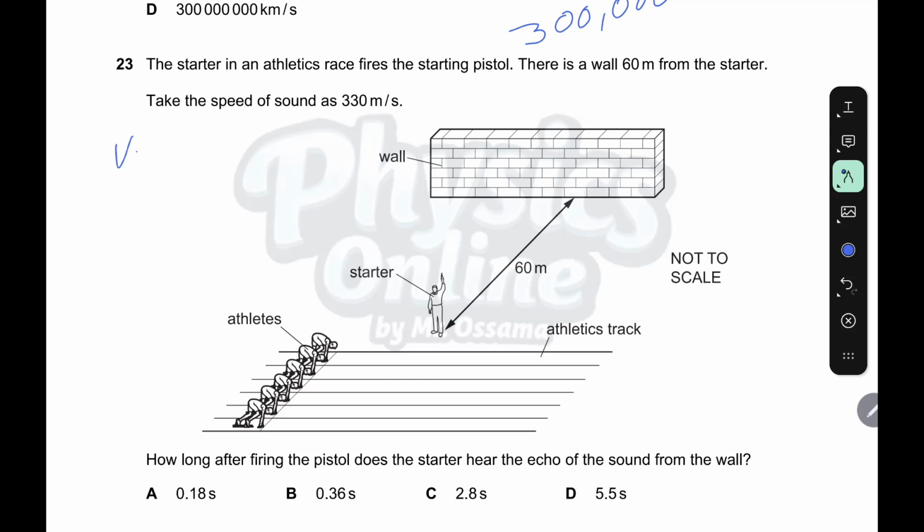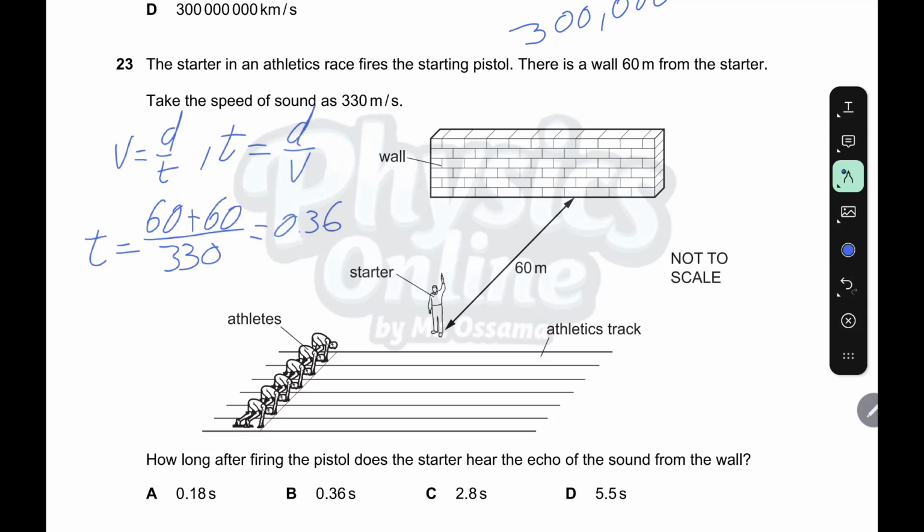V equals distance over time, so time equals distance over V. Distance for the echo is 60 and 60, over velocity 330.